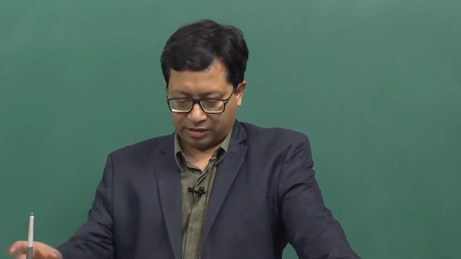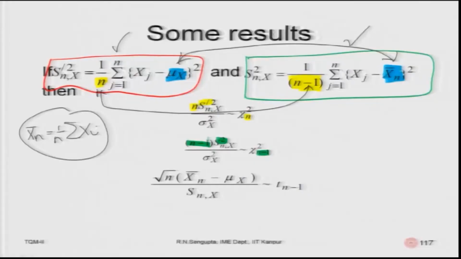So, let me again say what I said but did not highlight. I use another color, the red one. So, this is being replaced in place of sigma square. I am not going to highlight this, it remains square root of n because it is coming down. So, in this case it is the t distribution with n minus 1, and if you compare this, in that case it would have been chi-square n.